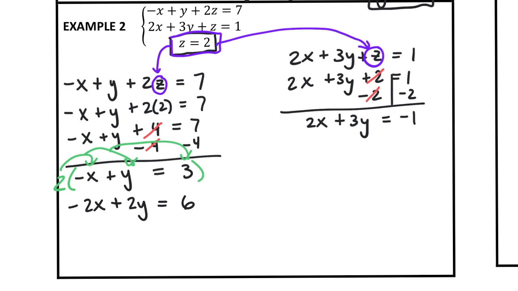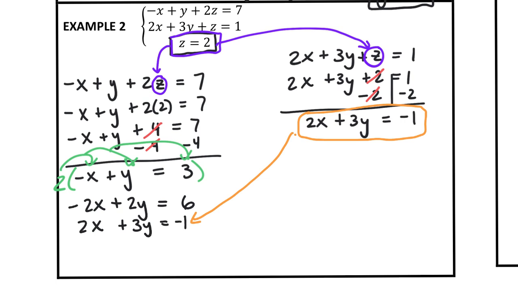Okay, and then the next thing I can do is I can move this equation like I did in example 1. I can move this equation down here. And then add the two equations. Let's add them. What's negative 2x plus 2x?